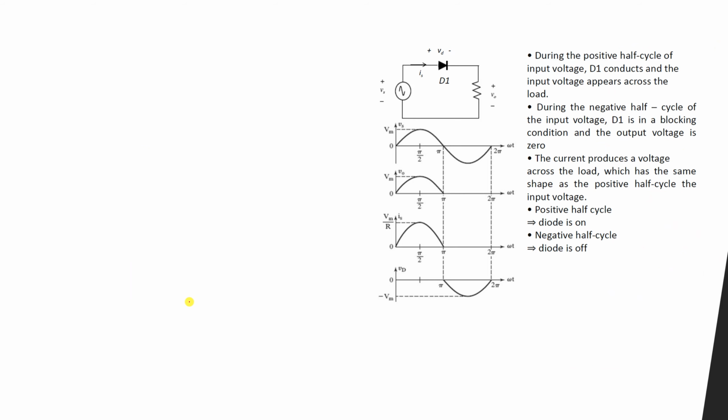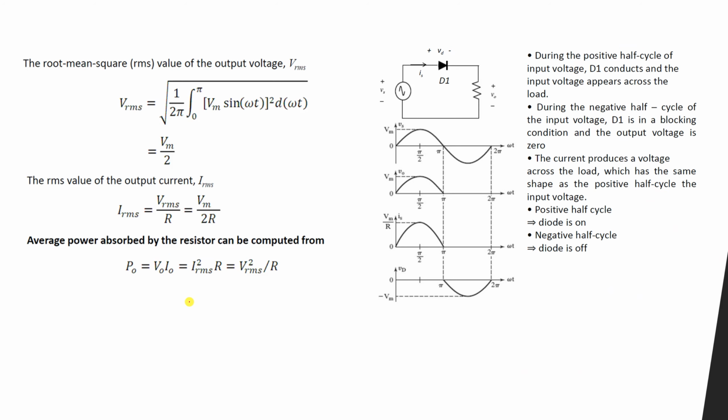So if you get back here, you can see the average power consumed. Why average? Because for any wave, for example in the DC system, the average power is the power consumed inside the resistor.